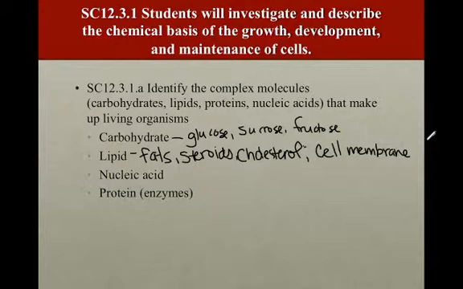Nucleic acids. What do they make up? DNA and RNA. Yeah. And then proteins, enzymes are proteins. They're in the muscles.